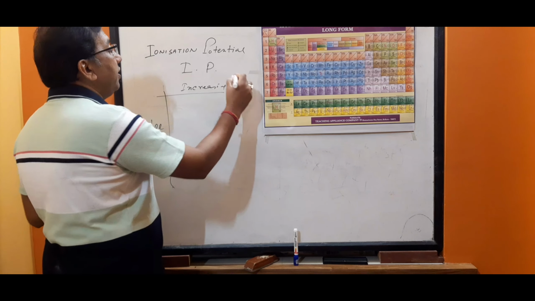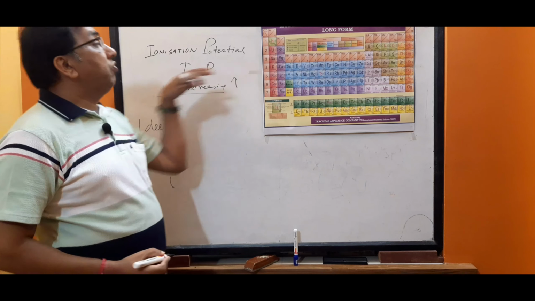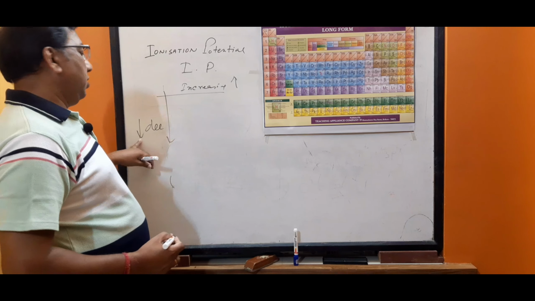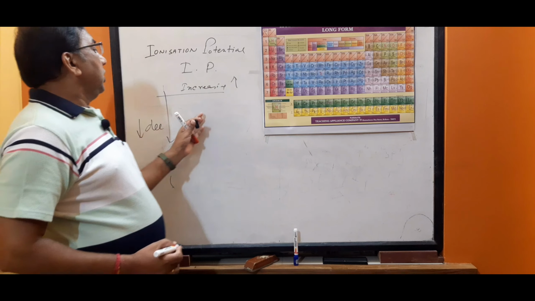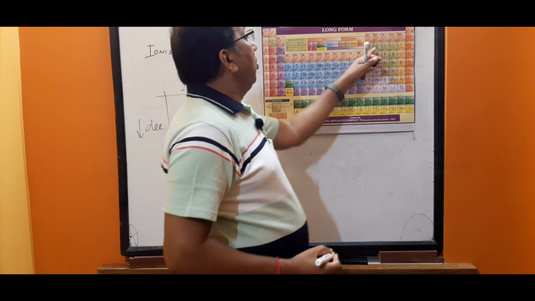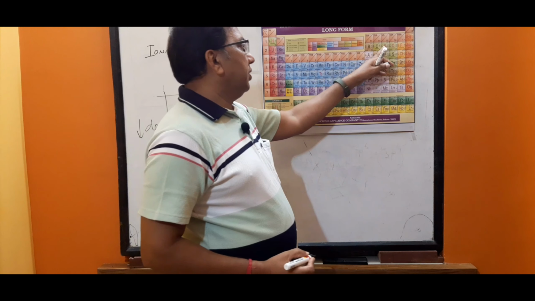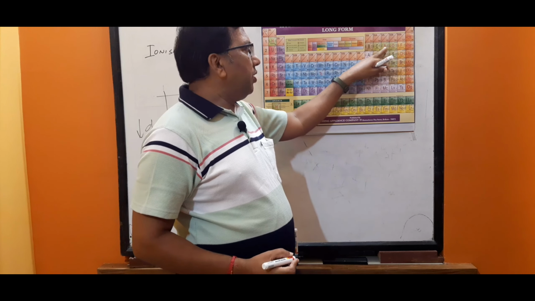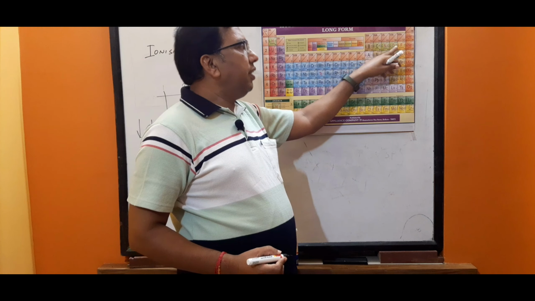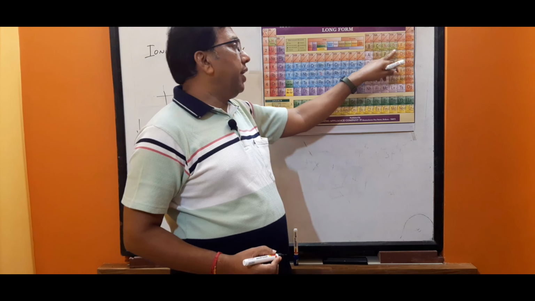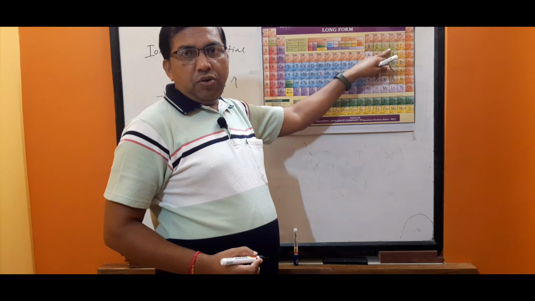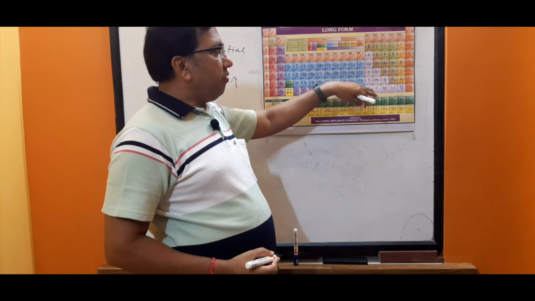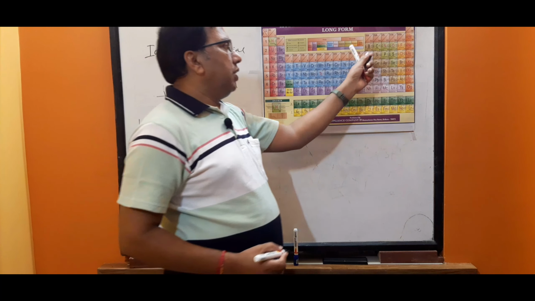According to the period IP increases, and according to the group it decreases. Following this, nitrogen would have lesser ionization potential than oxygen, but here is the exception: nitrogen will be greater than oxygen. In some cases there is a variation.